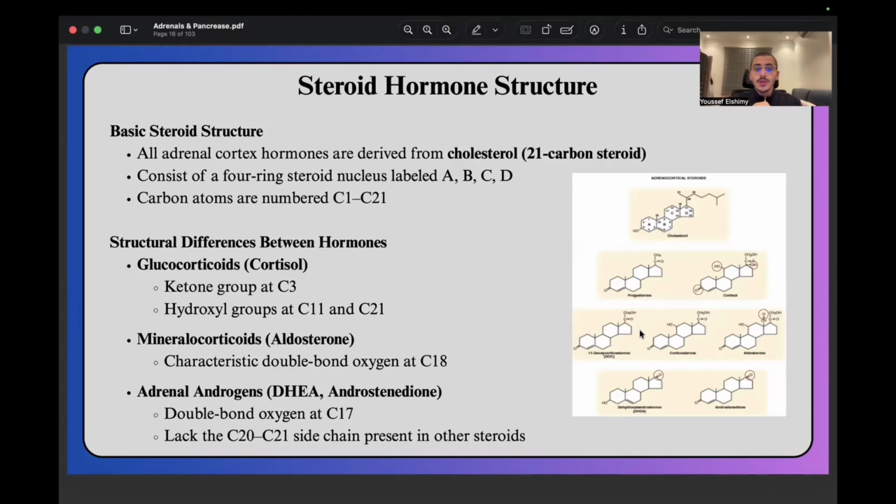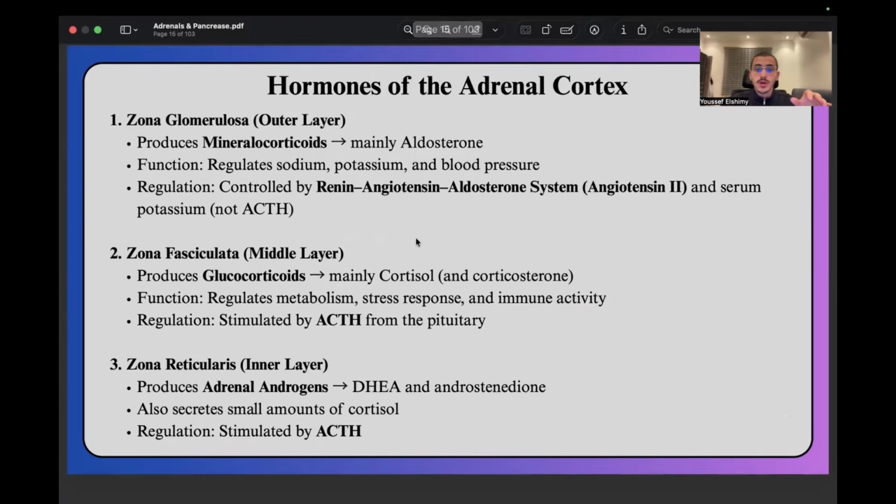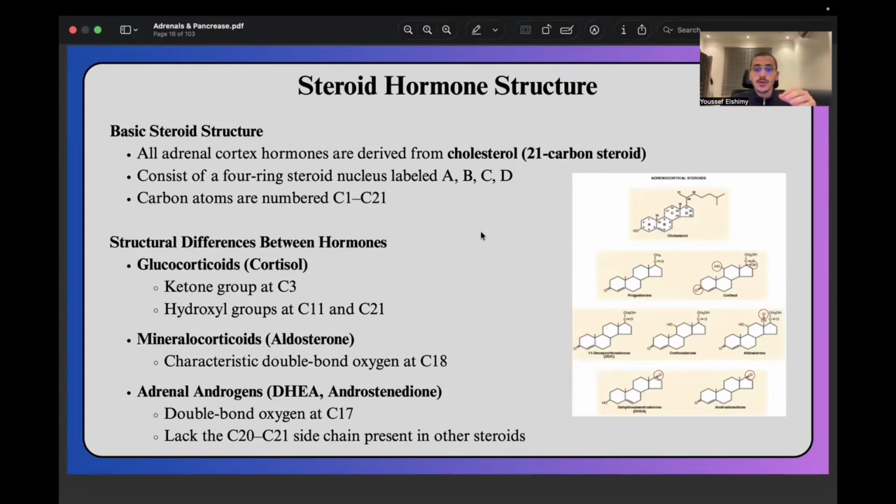Since all of these hormones that we talked about are made from cholesterol, what makes a hormone a glucocorticoid? What makes a hormone a mineralocorticoid? What makes it an androgen? Each steroid hormone has different structural differences.